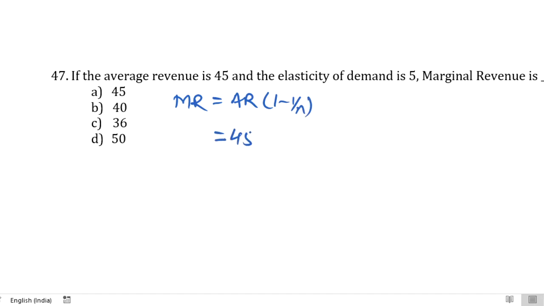Average revenue 45, 1 minus 1 upon 5. So that gives me 45 into 5 minus 1, that is 4 upon 5. 5 9s are 45, 9 4s are 36. So the right answer is 36. Moving on to the next question.